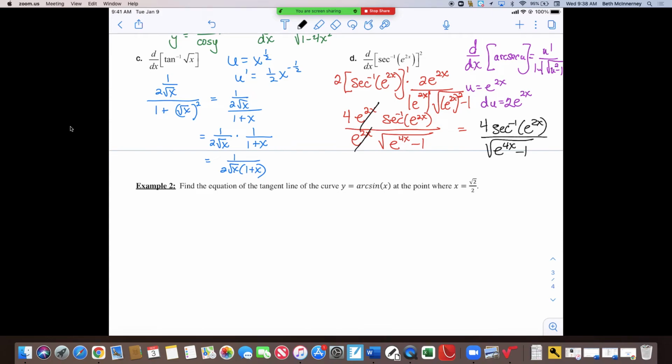All right, example 2. Of course, we can't finish notes without doing an equation of a tangent line. We always do that. So it says find the equation of the tangent line of the curve y equals arcsine x at the point where x equals radical 2 over 2.